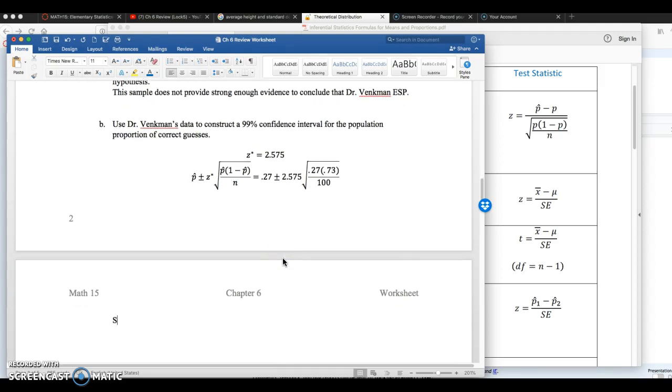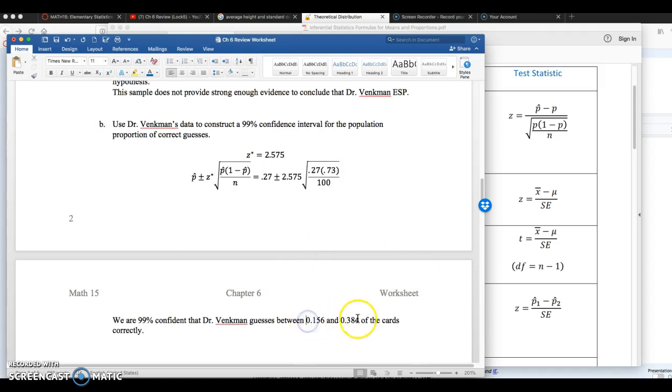If we throw that in the calculator, we'd say we are 99% confident that Dr. Venkman guesses between 0.27 minus 2.575 times the square root of 0.27 times 0.73 over 100, which is 0.156, and if we change the minus to a plus in the formula, we get 0.384 of the cards correctly.